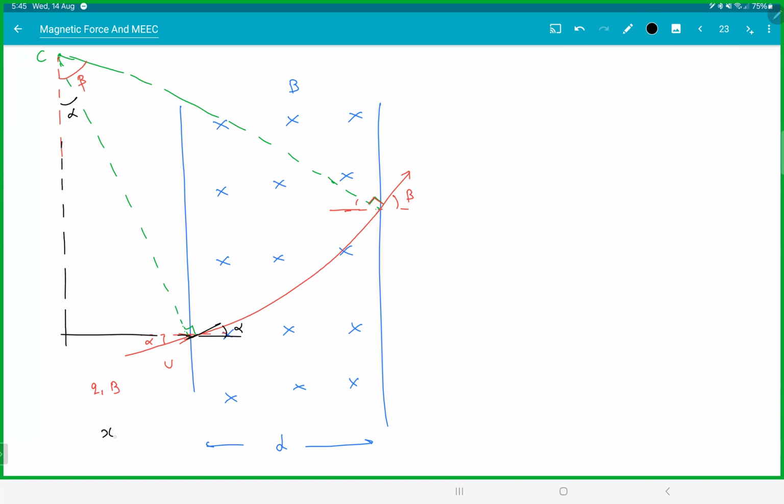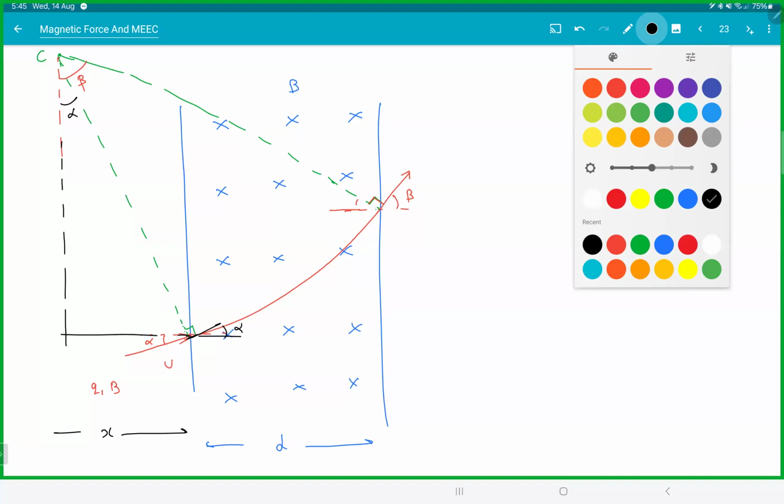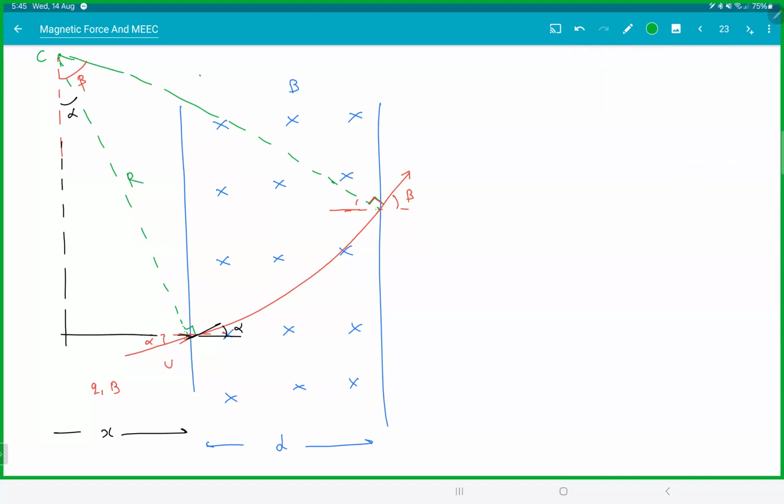If I take this distance to be x, and this green line's length is radius r, then from that triangle, sine alpha is x by r, and sine beta is x plus d by r. Subtract them: sine beta minus sine alpha is d by r. Easy?